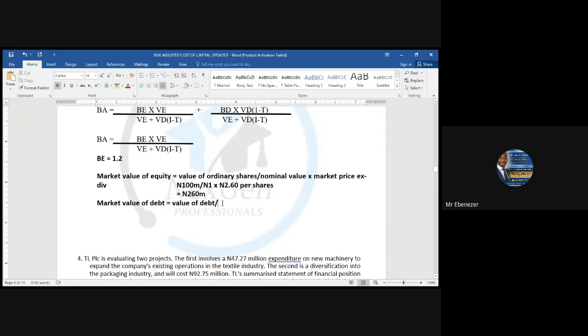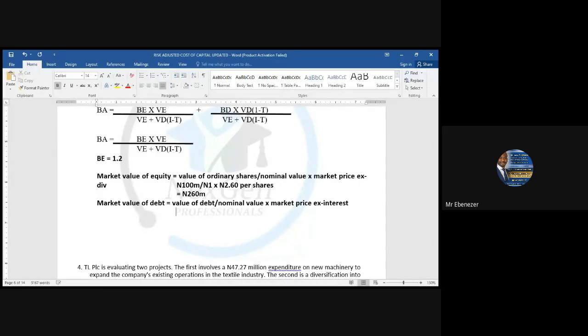So the value of debt divided by the nominal value times the market price as ex-interest. The current quoted price should be as ex-interest.